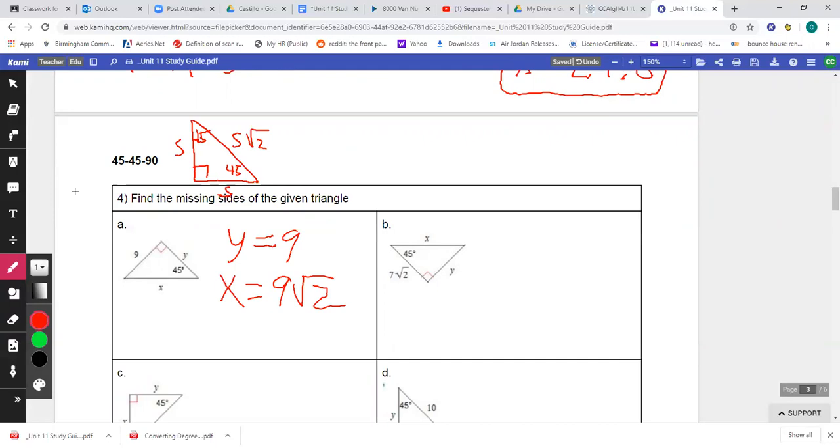Now look at letter B. Once again, the two legs should be the same. Now, how do I get X this time? Well, you just multiply your leg by root 2. So X is equal to 7 root 2, and I'm going to multiply that by root 2. But remember, root 2 times root 2 is just 2.